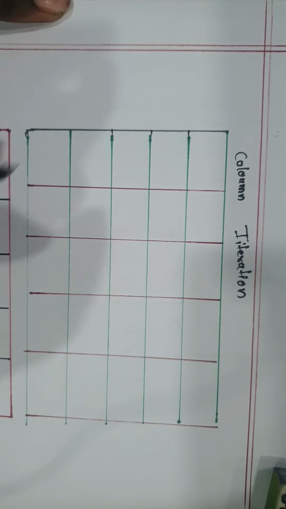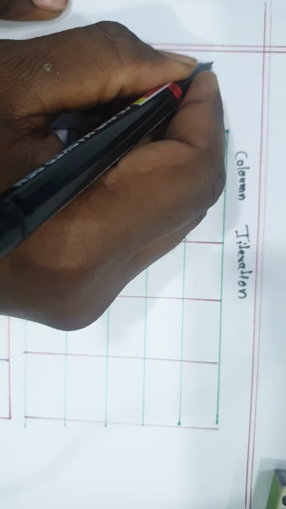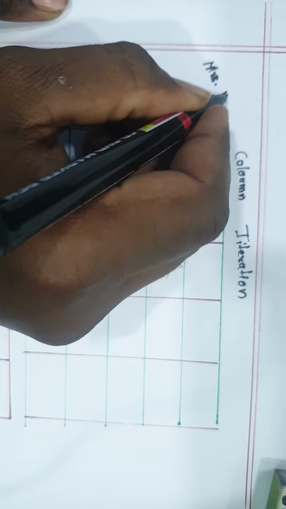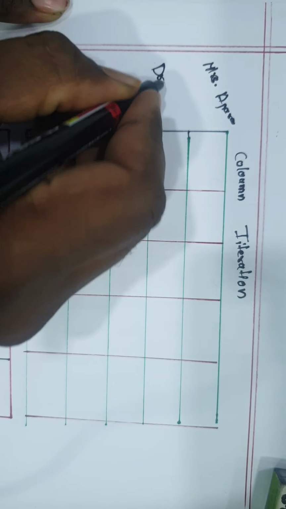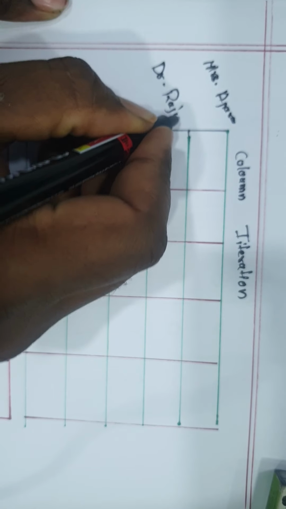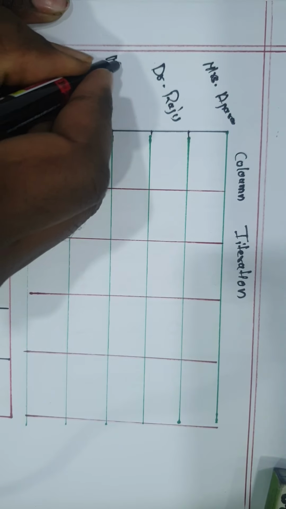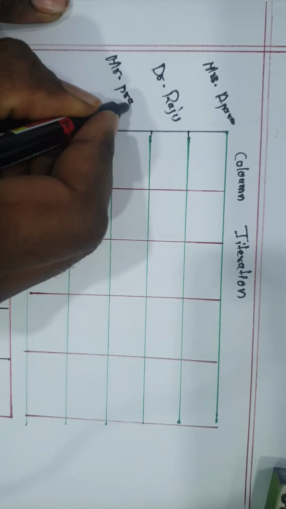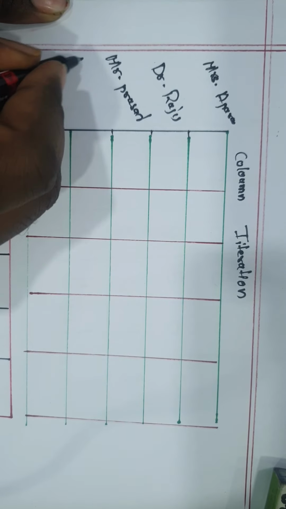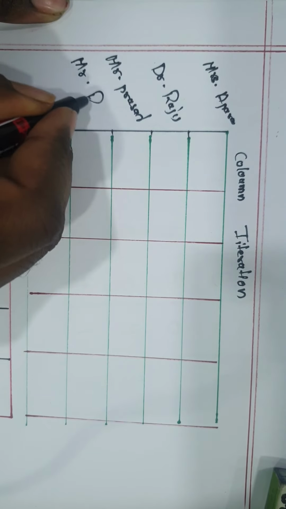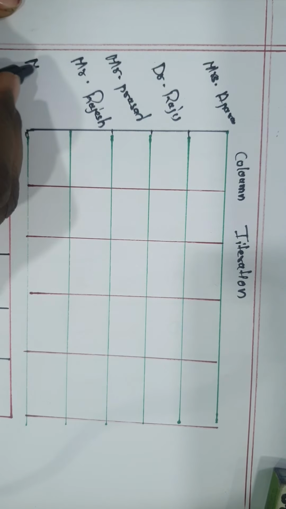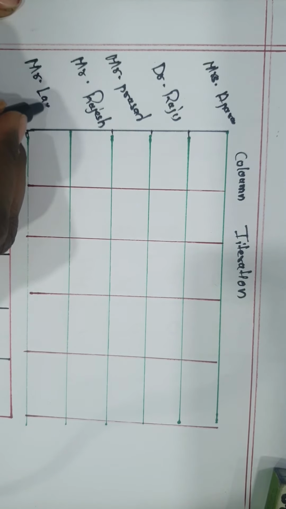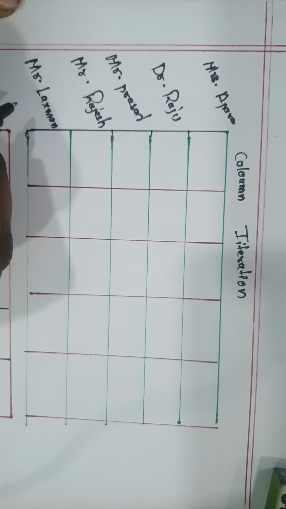So what you have to do here is write the names of the professors. First one is Miss Aparna, next one is Dr. Raju, next one is Mr. Prasad, next one is Mr. Rajesh, next one is Mr. Lakshman.